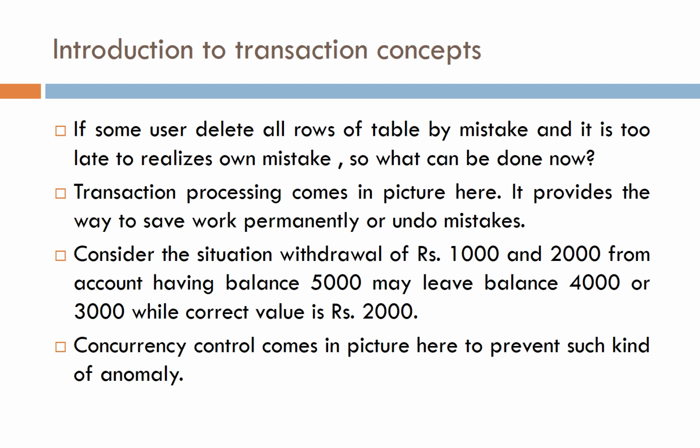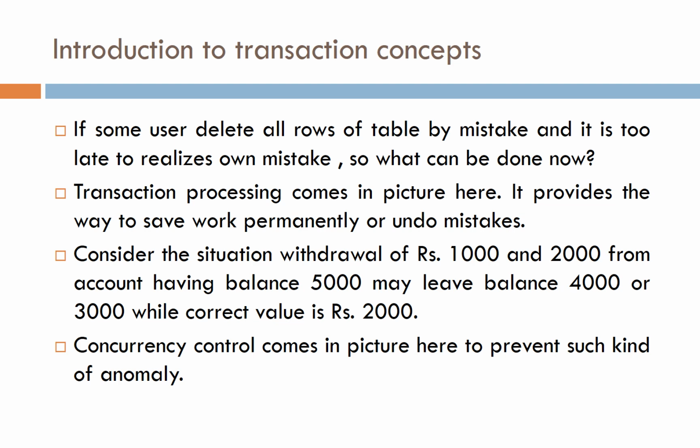If we have 5000 in balance and we are withdrawing 1000, then the remaining result is 4000, right? And if we have 5000 as a balance and we are withdrawing 2000, then the remaining balance must be 3000. But instead of that, the actual result in the record is rupees 2000.